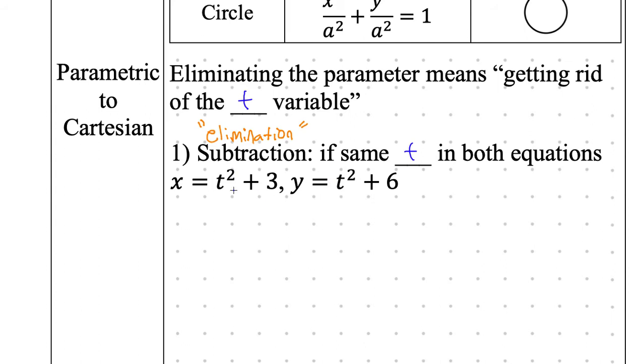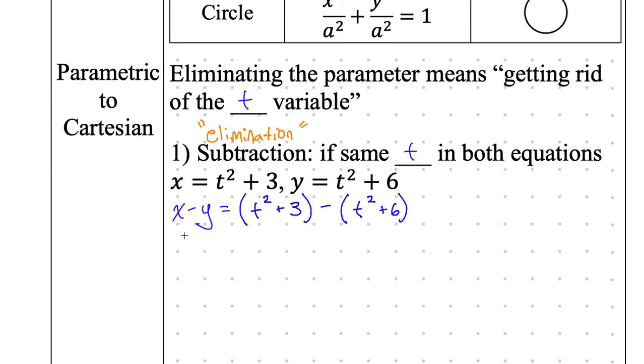Let's show you the math. So how do we get rid of the t? Well, I can just do x minus y, or y minus x. It doesn't really matter, so I'm going to say x minus y. If I do x minus y, well, here's x, which I'm going to put in parentheses just to show my work. This is t squared plus 3, and I'm going to subtract my y. My y is t squared plus 6.